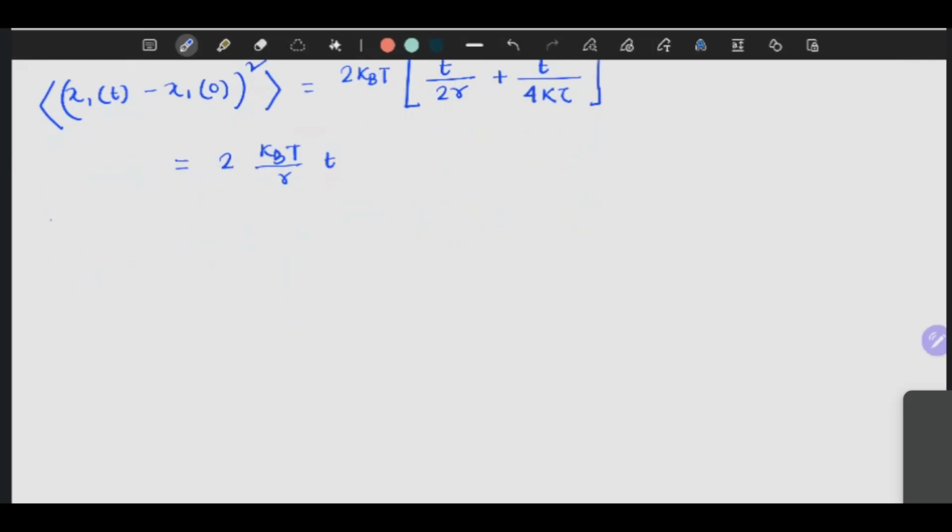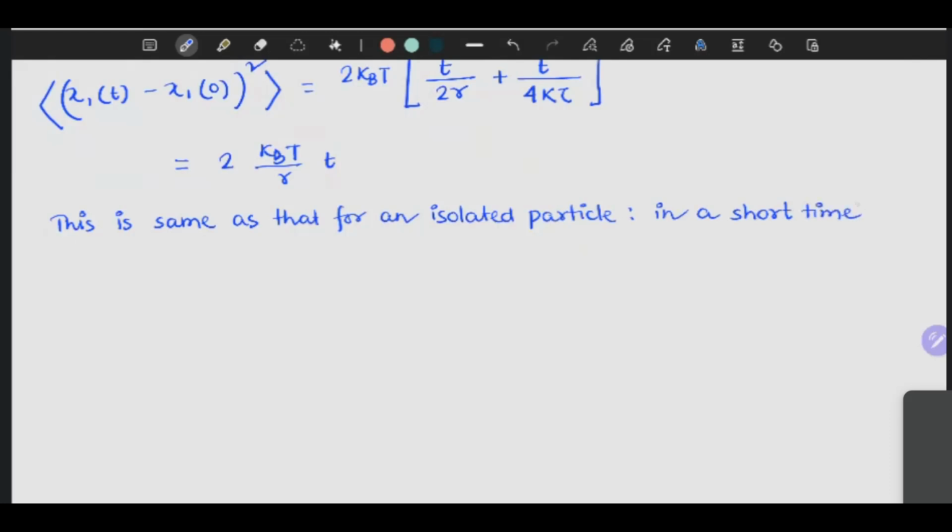So this is the same as that for an isolated particle in a short time.